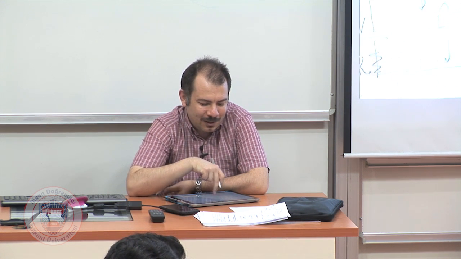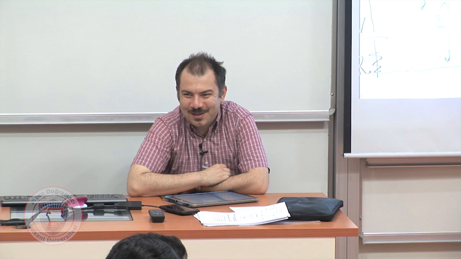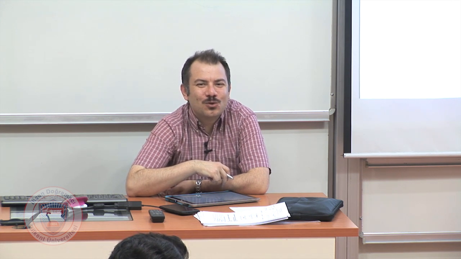So what you can do is you can go to YouTube and search for railgun, and I'm pretty sure you'll be impressed by the videos you'll see there. And actually, I think last year someone tried to build one as a Physics 102 project, but I don't know how that came up.